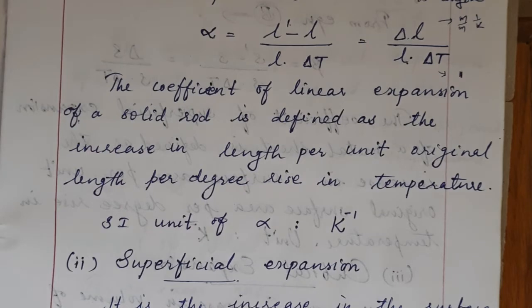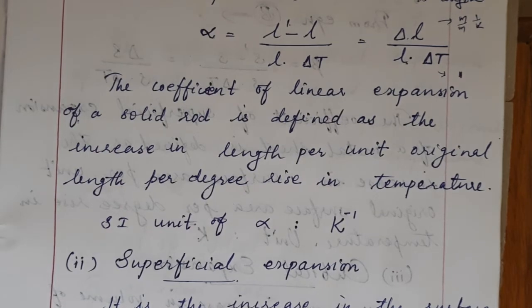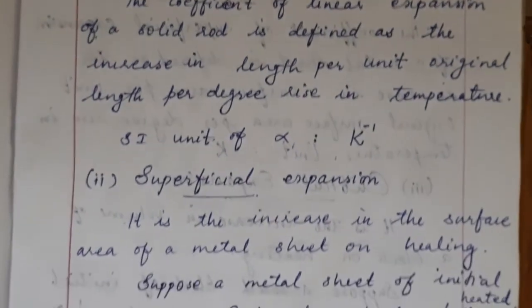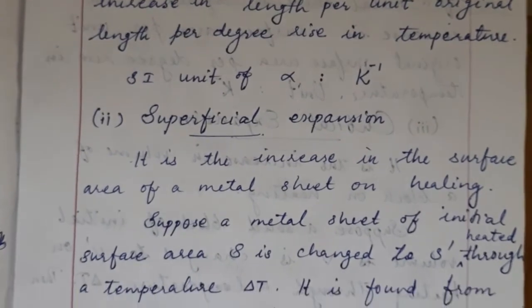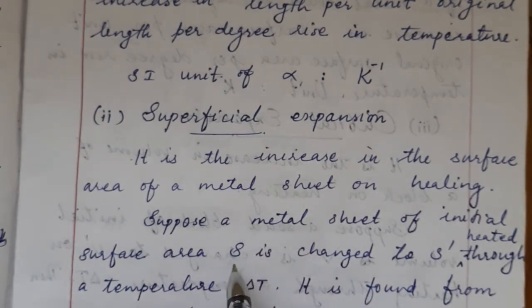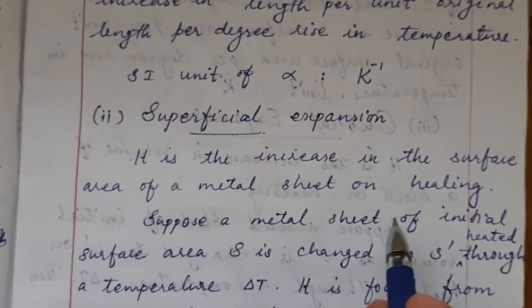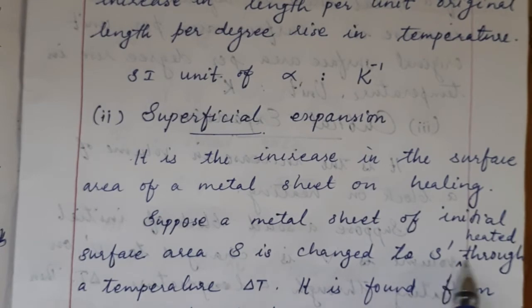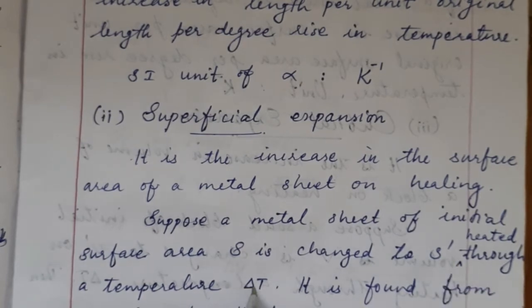So let's consider a metal sheet of surface area S. Let it have an area S initially, that is changed to S dash by heating it through a temperature delta T.